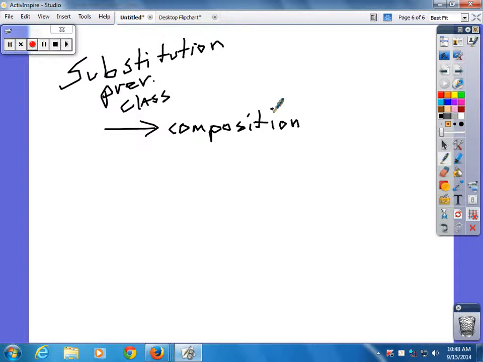All you've got to remember is order. The order is what's important.